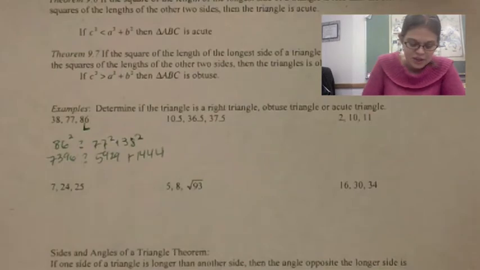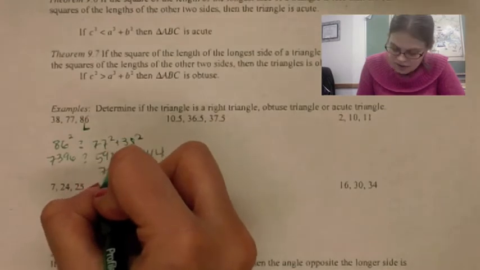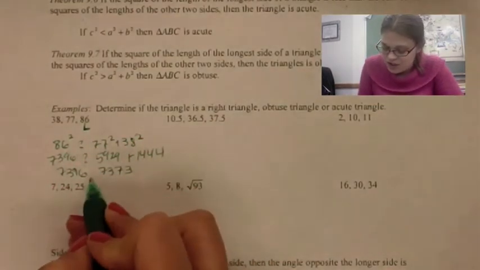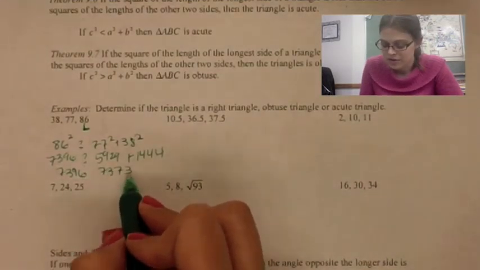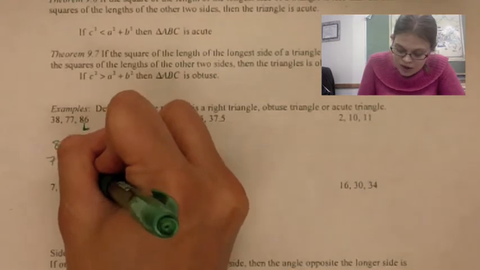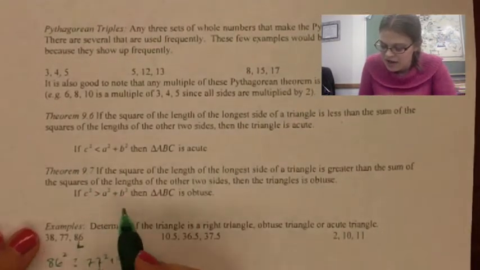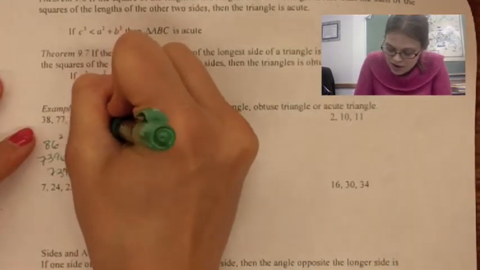If I add 5929 to 1444, then I get 7373. So the question is, is 7396 bigger than, less than, or equal to 7373? It's greater than, so notice up here, if our c squared is greater than, this means it's going to be an obtuse triangle. So this is obtuse.